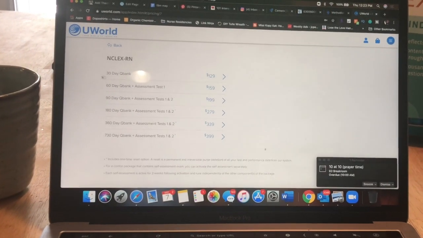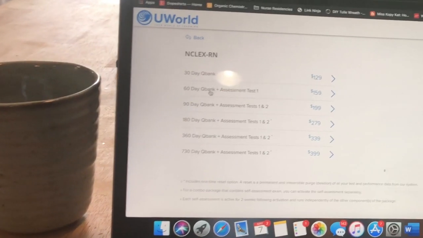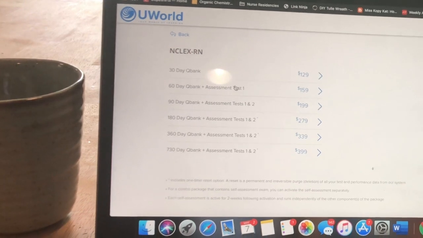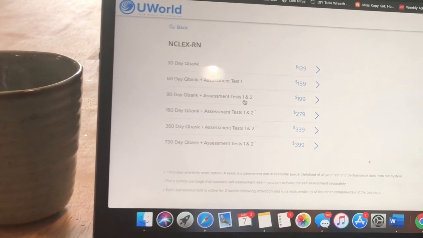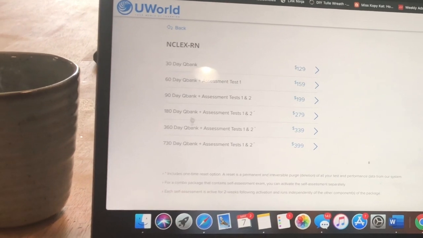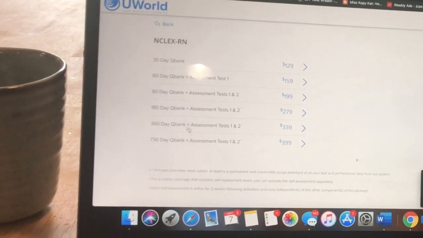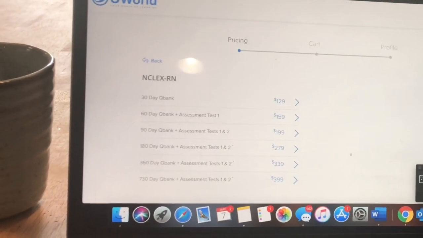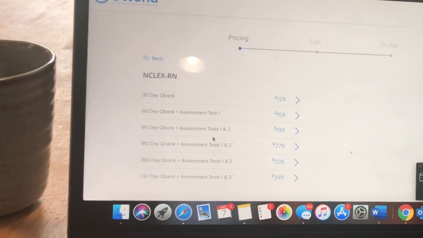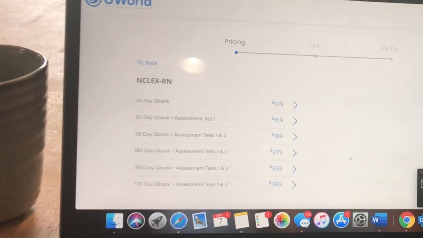If you have 30 days, you can do the 30-day question bank for $129, the 60-day question bank if you want 1 self-assessment, or I did the 90-day with 2 self-assessments. It changes down here below, going 180 days and above, where you can reset all of the questions and kind of see how you go from there. But I did the 90-day question bank with 2 self-assessments.